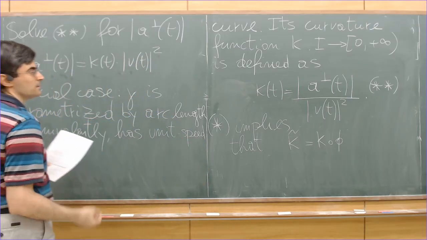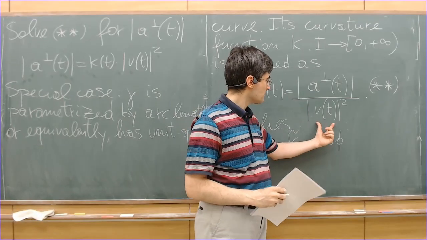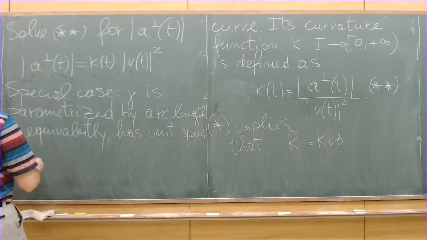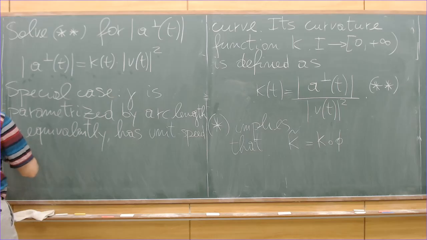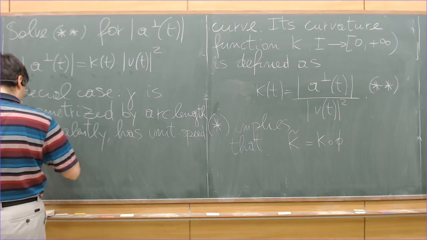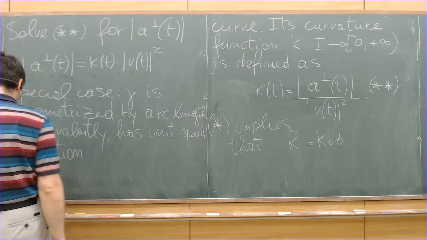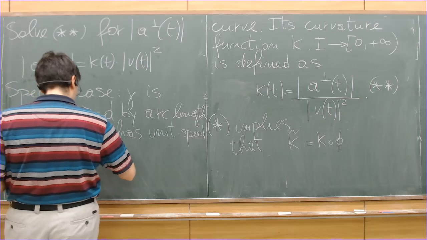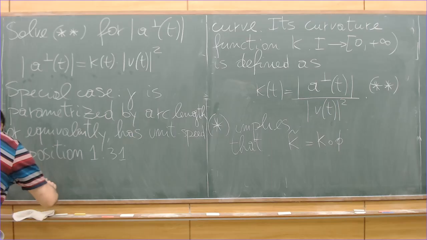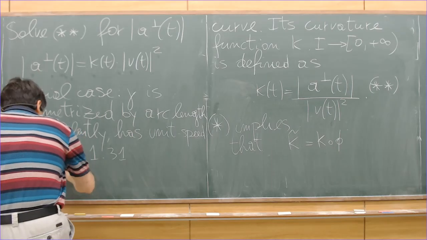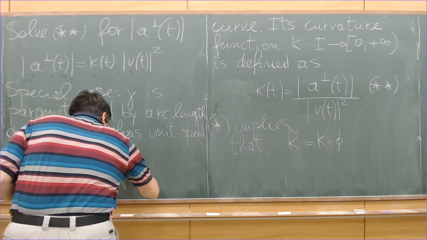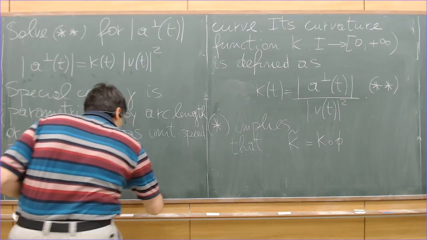That is, this vector is length 1. We have a proposition 1.31 which says that k of t is just the length of A of t, that is the length of gamma second of t.